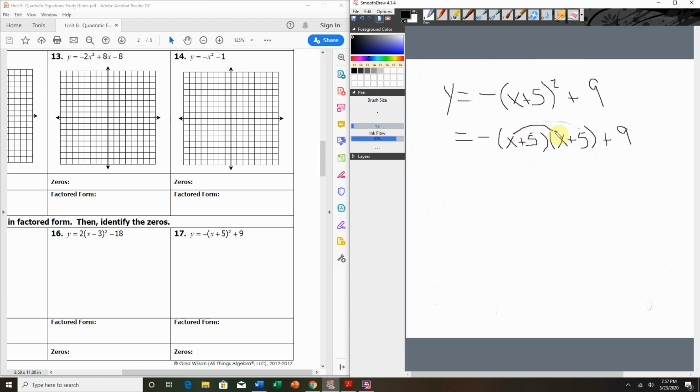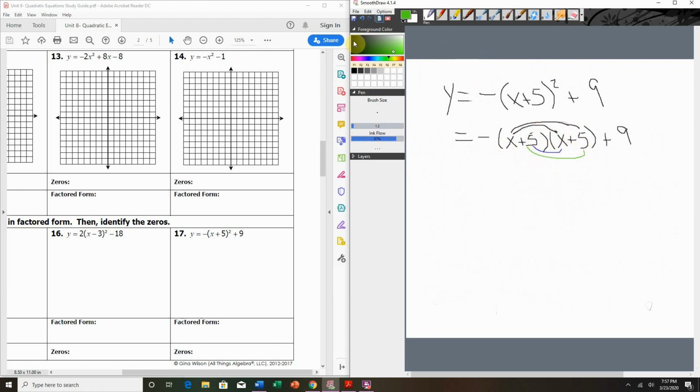So we're going to have the x times x, and our outside, inside, and last. But there's no point in the FOIL method as long as you remember that you have to distribute the x to both terms and the 5 to both terms.